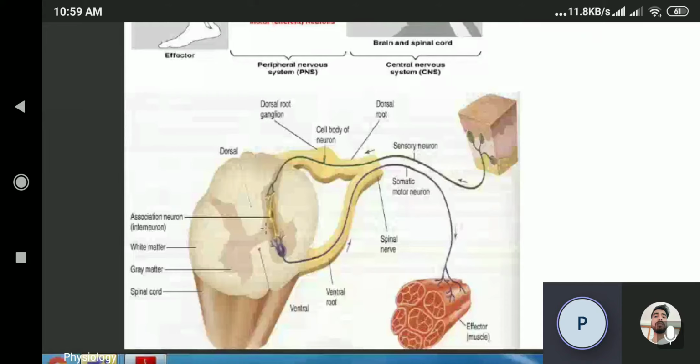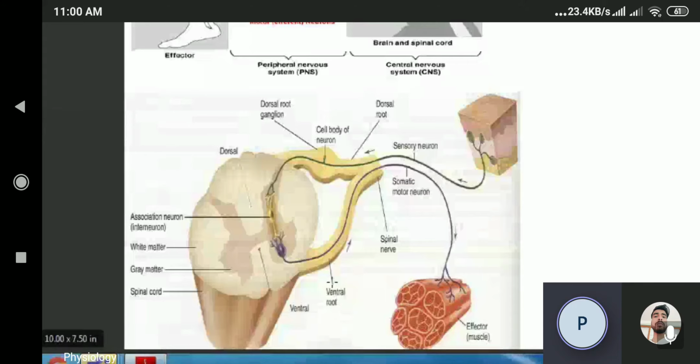It is usually the central nervous system. Here it is the spinal cord. The fourth component is the efferent nerve or motor nerve. And the fifth component is the effector organ or muscle. So this is regarding the reflex arc.